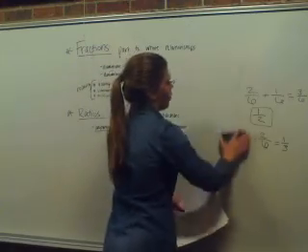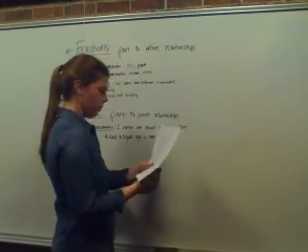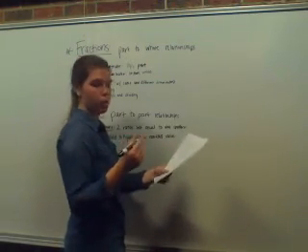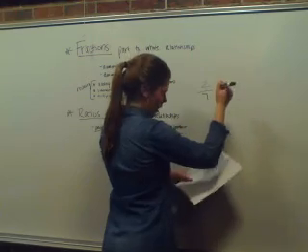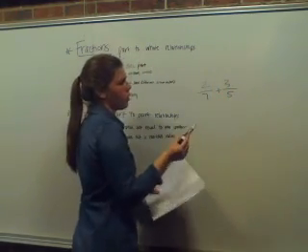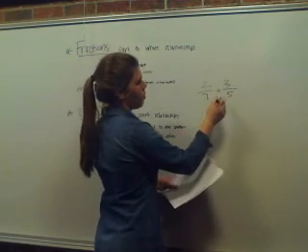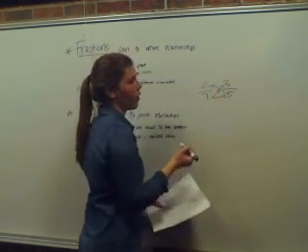If we're adding with different denominators, which is where it gets a little bit more tricky, we're going to have to use the bow tie method. Say you have 2/7 plus 3/5. We're going to have to multiply up and across, and over.